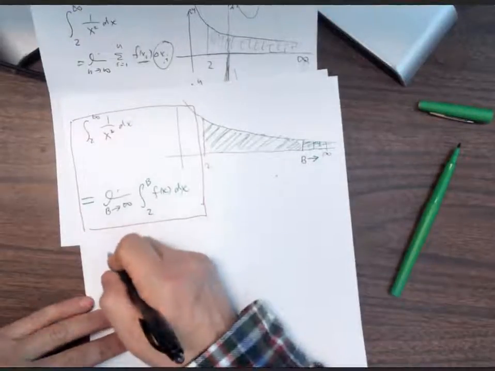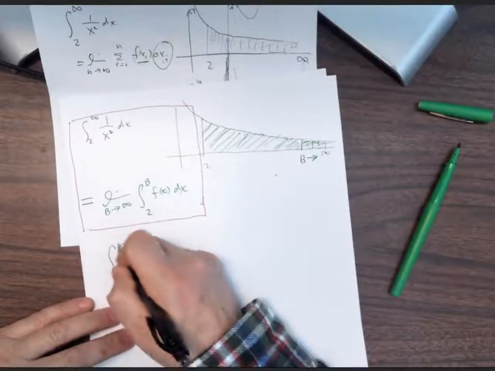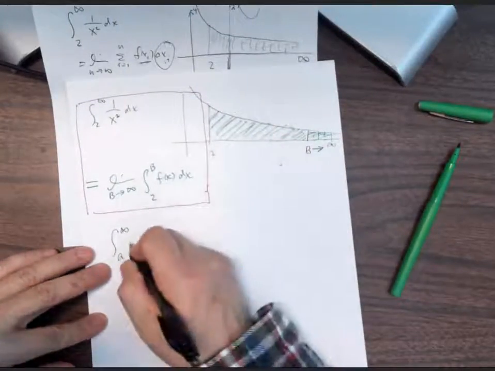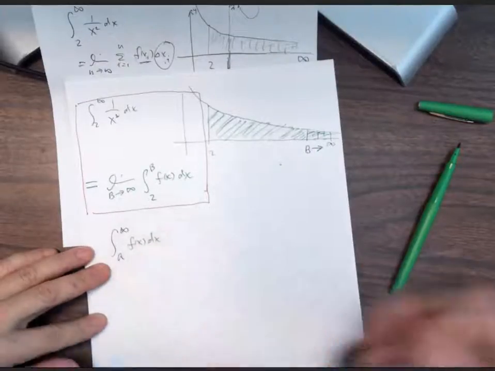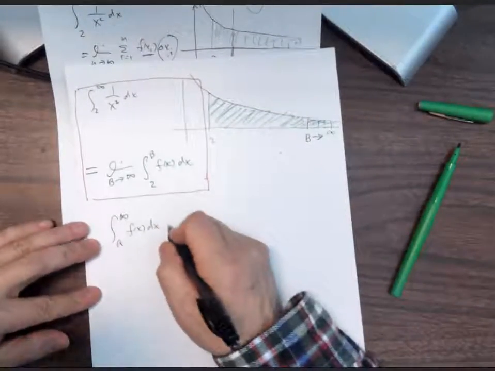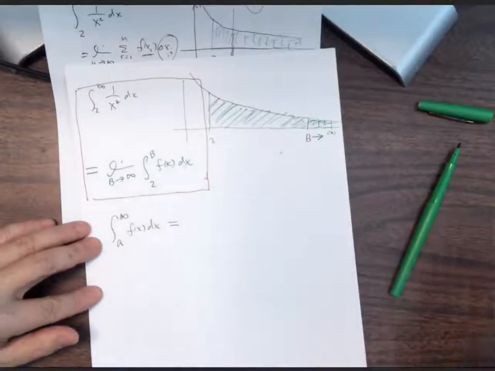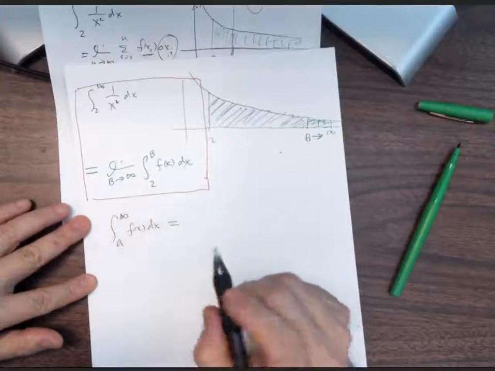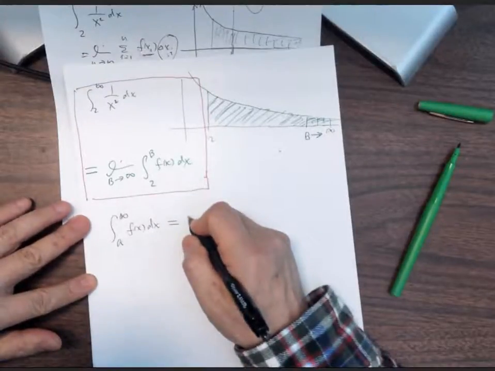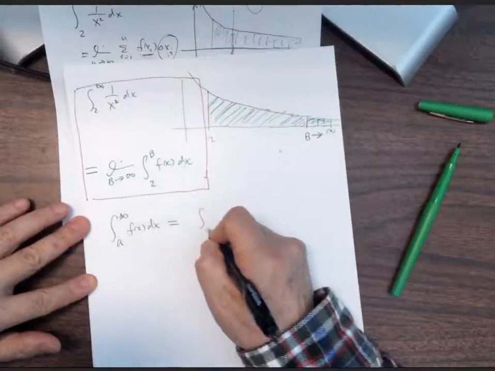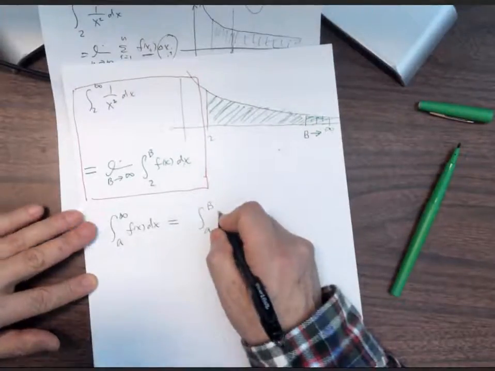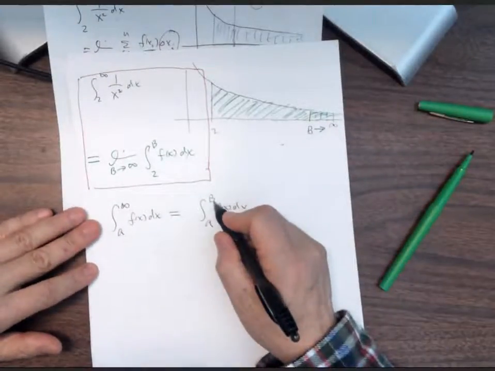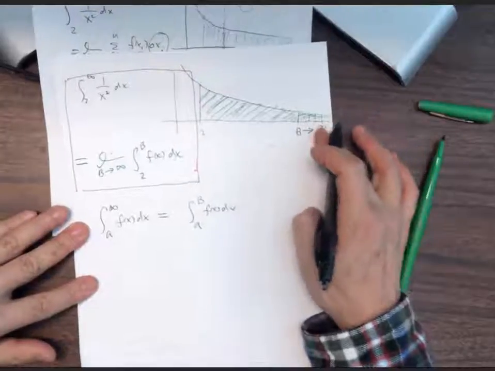So in general, if we have an improper integral involving an infinite limit, we go from A to some B, with the intention to send B to infinity, as shown in the graph.